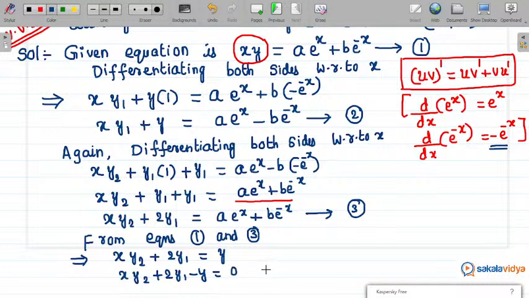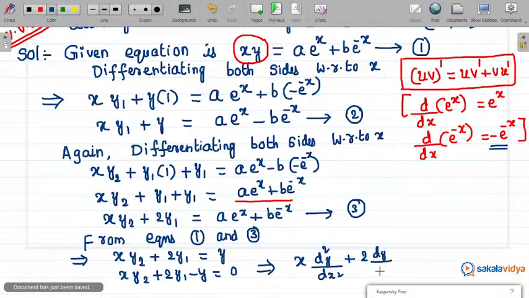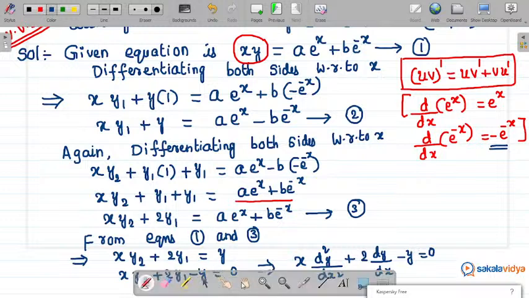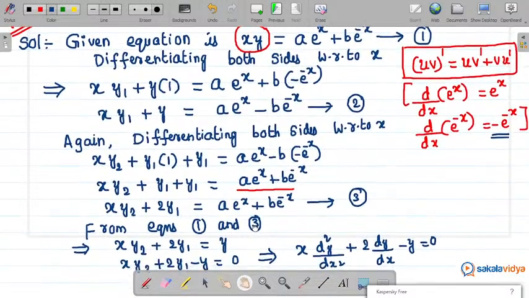This can be rewritten as x into d2y by dx square plus 2 dy by dx minus xy equals 0. So this is the required differential equation.